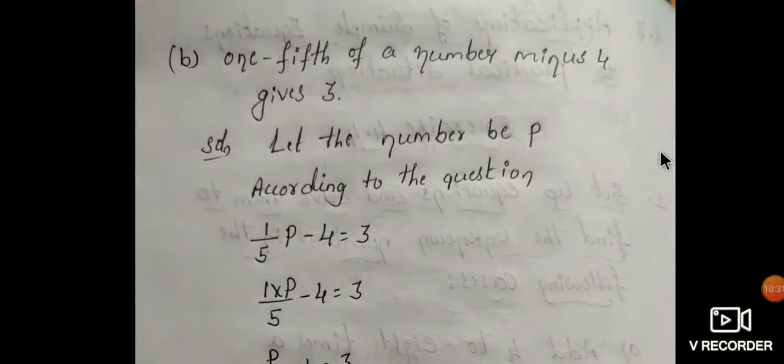Next one, dear students: 1/5 of a number, minus 4, gives 3. Gives 3 means that is equal to 3. 1/5 of a number, that is, 1/5 of some number, then after that we should write minus 4, that gives how much?